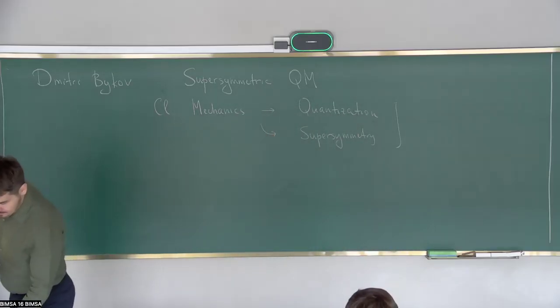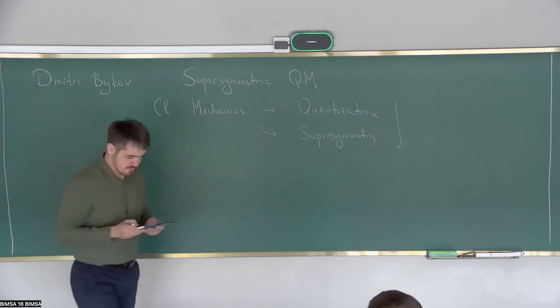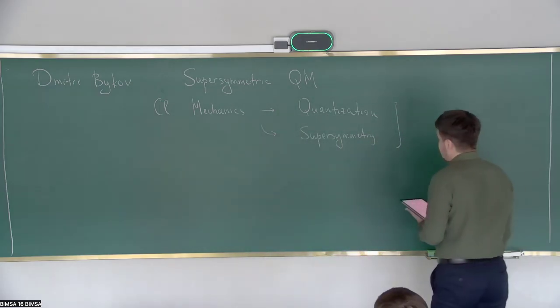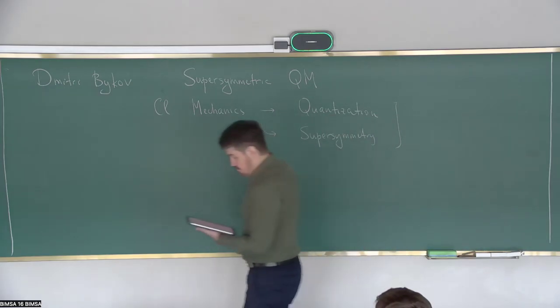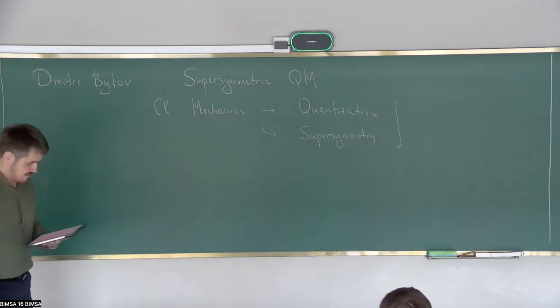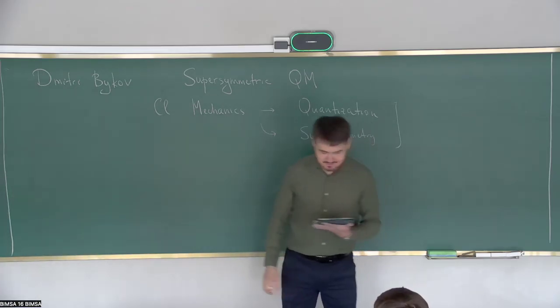So maybe let me say a few words about the motivation to study such models. Maybe the main motivation is that they are some kind of toy models for field theories, for supersymmetric field theories.